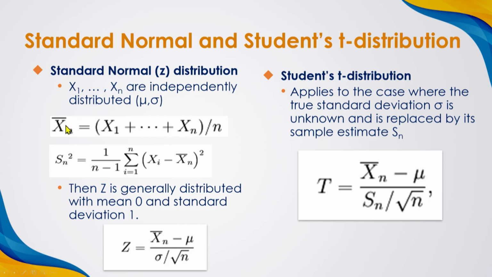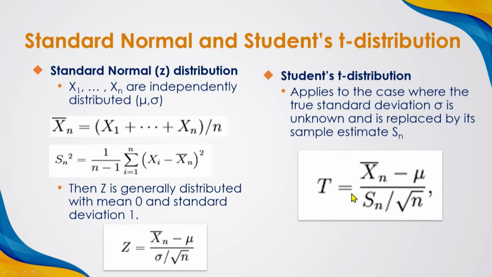When comparing the standard normal and Student's t distributions, both resemble each other. However, the sample mean of the standard normal distribution and the mean are the same, whereas the sample standard deviation or sample variance is given by this formula. The test statistic with the Z distribution is x bar minus mu divided by sigma by root n, where sigma is the population standard deviation, which is known in the case of the normal distribution.